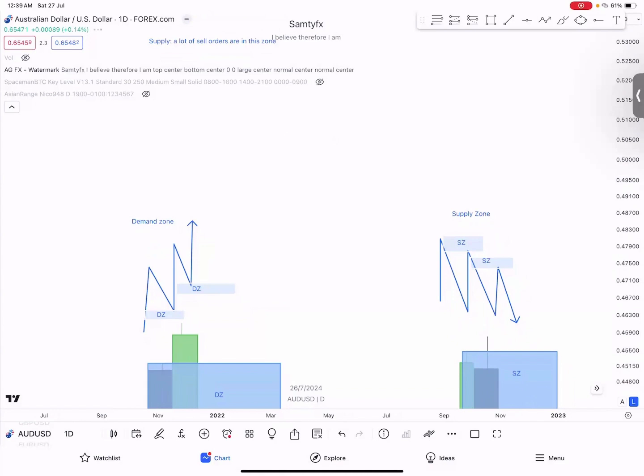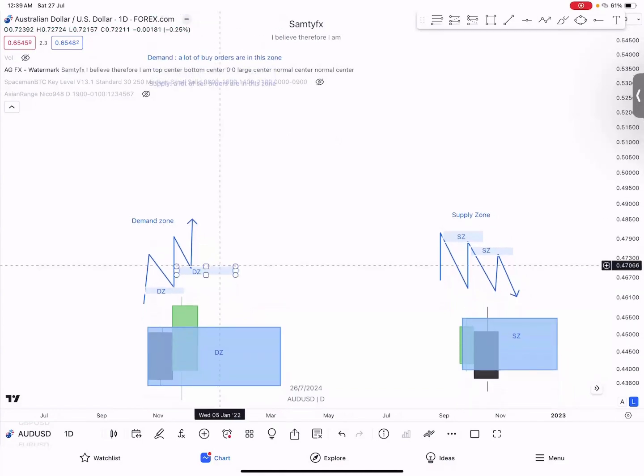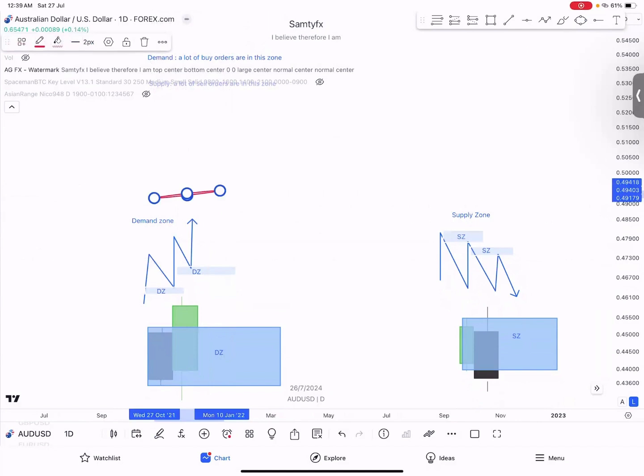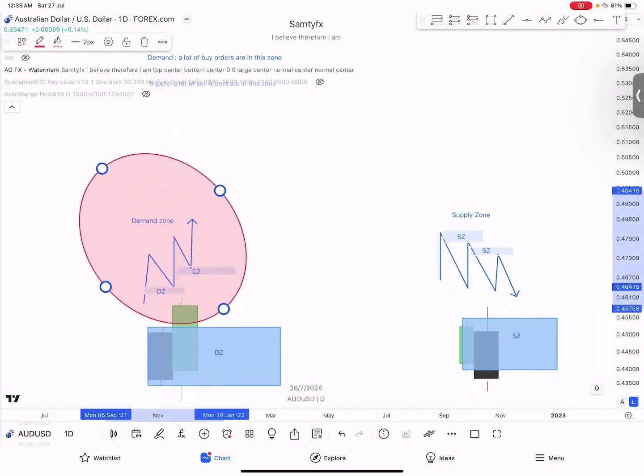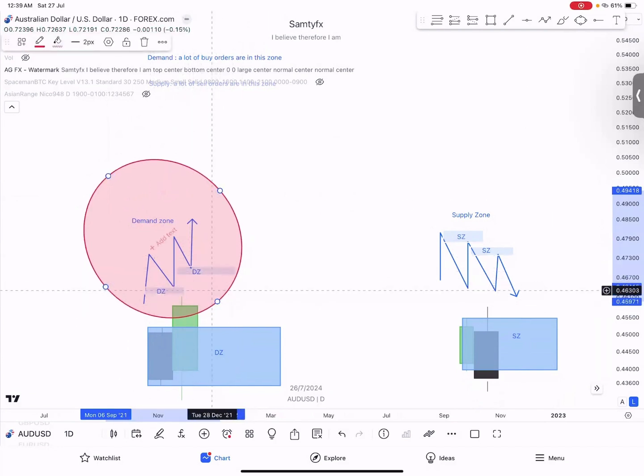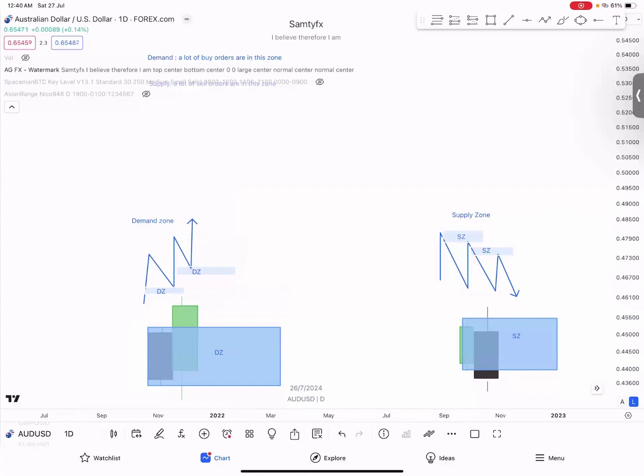So this is an example of a demand zone. You can see it right here. You can see that in a trending market, this is an uptrend market.